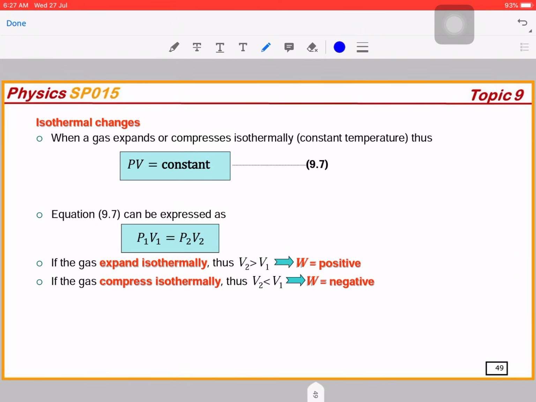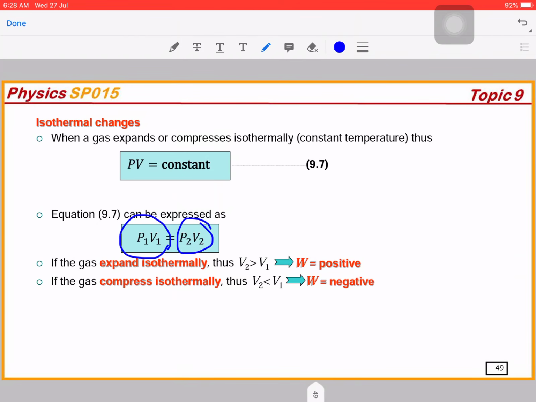So isothermal change, okay, when a gas expands or compresses isothermally, the volume changes but the temperature does not change, constant temperature. So we say that PV is constant. Okay, so if PV is constant, we're going to say P1 V1 is equal to P2 V2. Okay, first situation equals second situation. Okay, if the gas expands isothermally, thus V2 is bigger than V1.